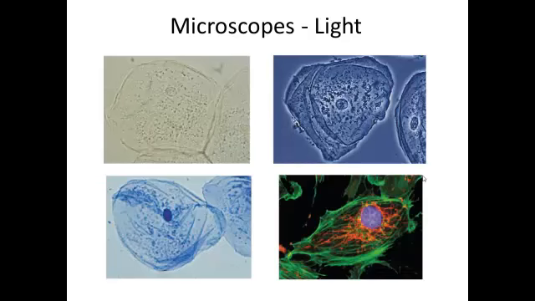The next micrograph uses stains that glow, or fluoresce, different colors used under UV light. In this micrograph, the stains are constructed so that they attach to specific cell structures. The blue stain attached to nuclear material, the orange stain attached to mitochondria, and the green stain attached to the skeleton of the cell, or cytoskeleton.